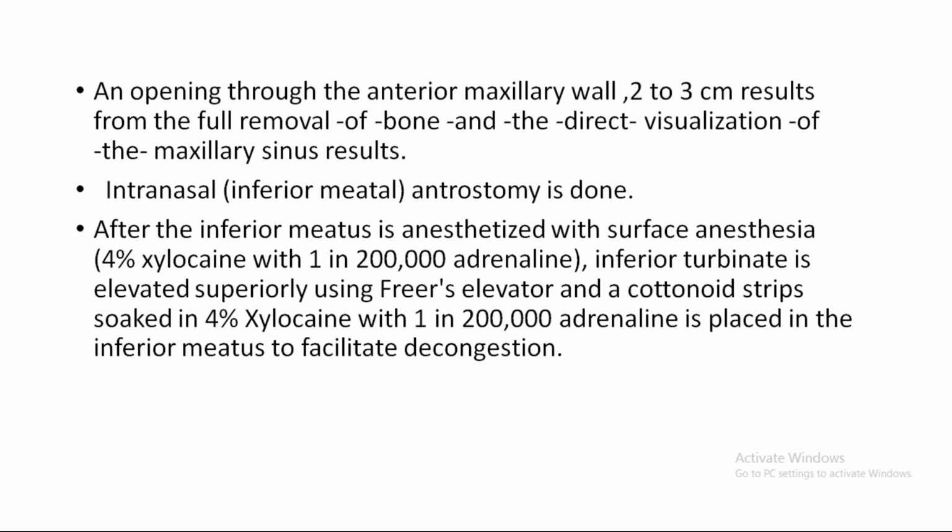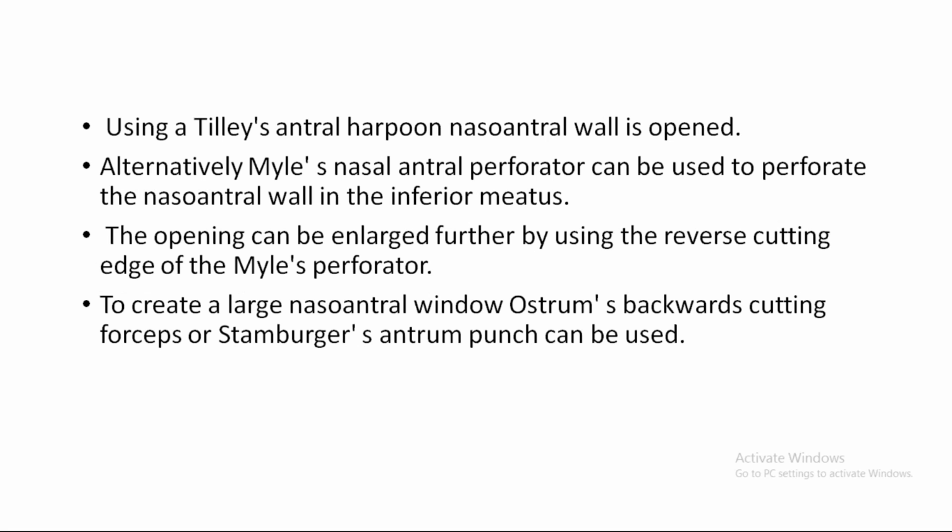A cottonoid strip soaked in it is kept to facilitate decongestion of the inferior turbinate. And using a Tilley's antral harpoon, the nasoantral wall is opened. Alternatively, a Miles nasal antral perforator can be used to perforate the nasoantral wall in the inferior meatus.